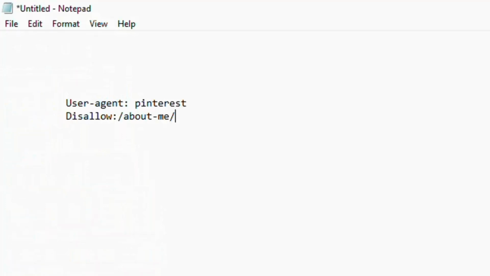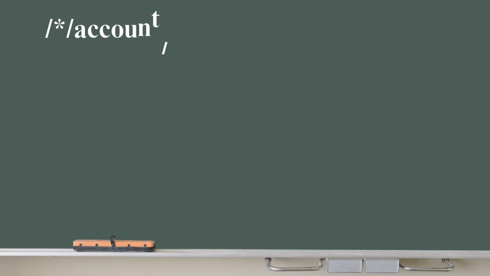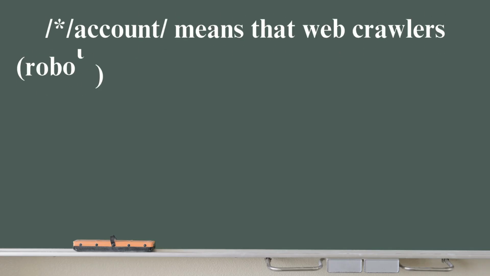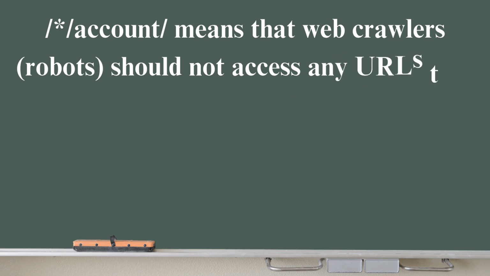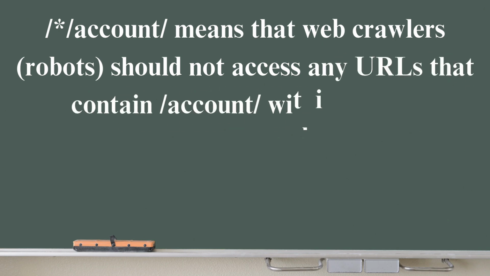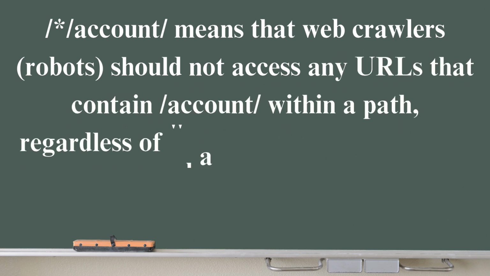In robots.txt, disallow colon slash asterisk slash account slash means that crawlers or robots shouldn't access any URLs that contain slash account slash within a path, regardless of what comes before or after.